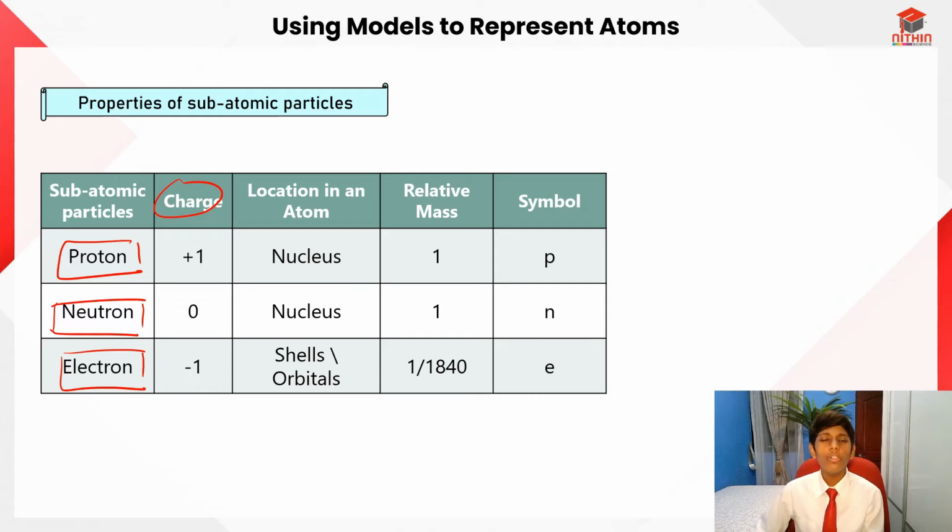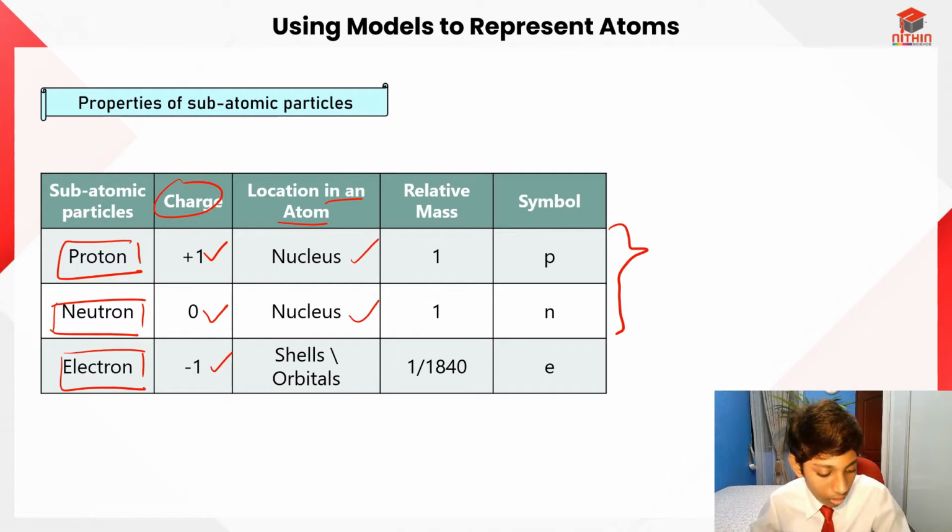Protons are positively charged, neutrons are neutrally charged, and electrons are negatively charged. As for the location in an atom, we already know this as well. Protons are in the nucleus, neutrons are also in the nucleus, so both of these are known as nucleons.